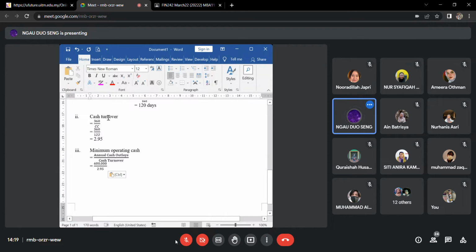We ambil yang cash turnover, which is we calculate here, 2.95. So kita equal to 203,389.83. RM lah.